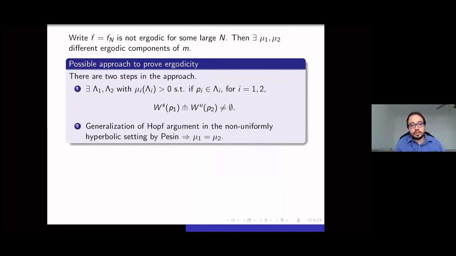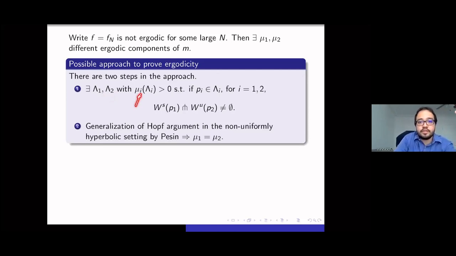And a possible approach to prove it is the following. There are two steps in the approach. The first one is to prove that you have two sets, lambda 1 and lambda 2, each of which has positive measure for mu i.